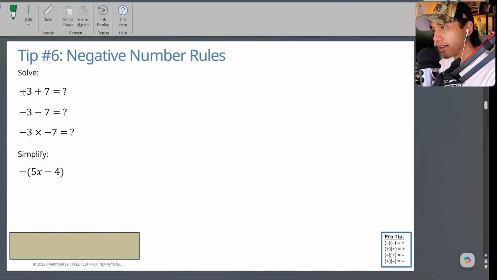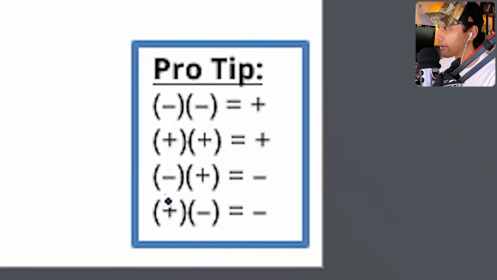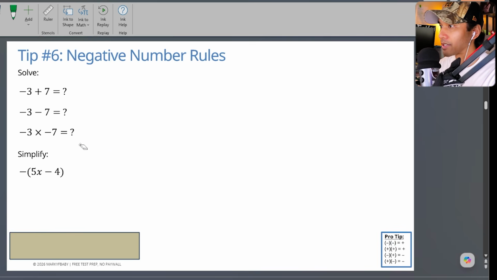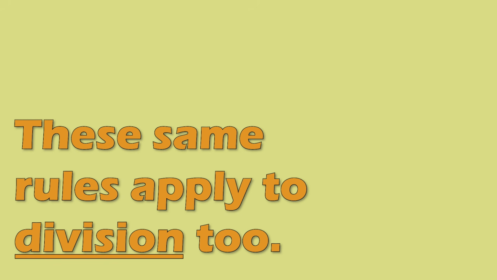So let's just go ahead and solve these. And the only thing I really want you to get from this is that when you multiply negative numbers, let's say you have negative 3 times negative 7, that equals a positive number, okay? And I do have that in the pro tips. Let me just write it out for you guys too. This is for multiplication.